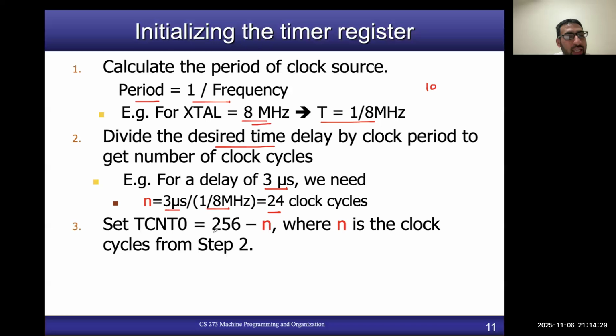Then you subtract n from 256. You need to initialize your timer register with the result of 256 minus n. Is everything clear?